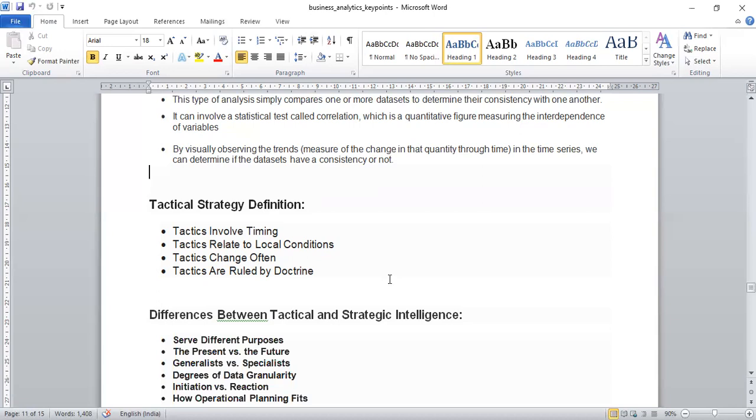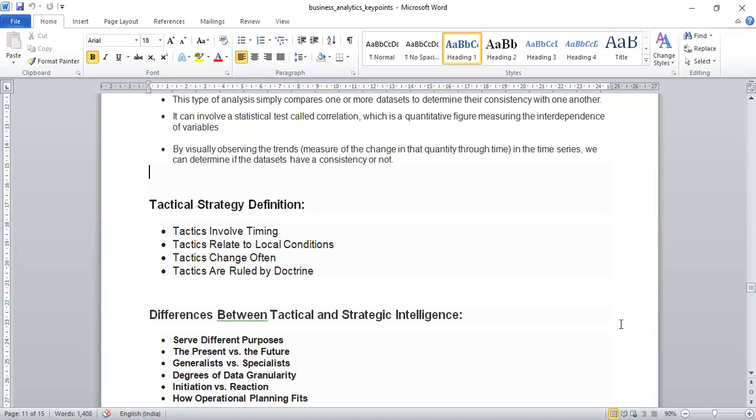These two data sets are measured through a correlation test, and if the interdependence level of the variables is high and there is no fluctuating trend, but obviously some consistent positive or negative trend shown in the time series graph, then you can say that after comparison these two data sets, the sales of June and the sales report of July, are consistent with each other. That is what comparative and scientific analysis deals with.